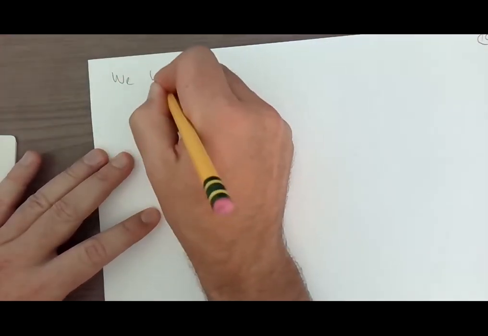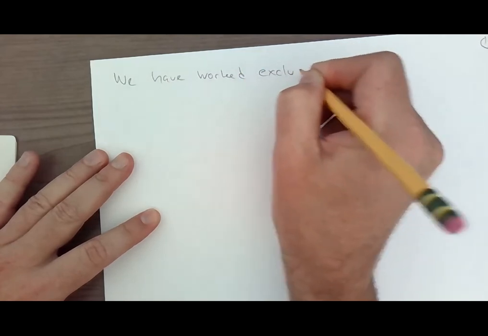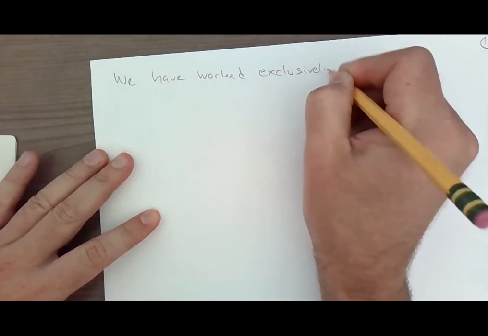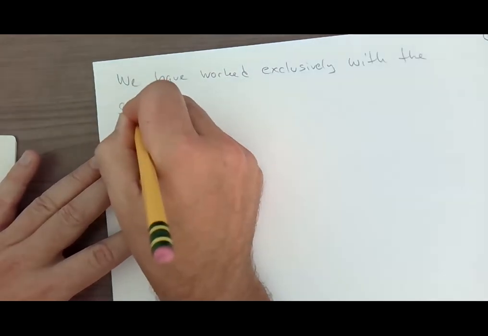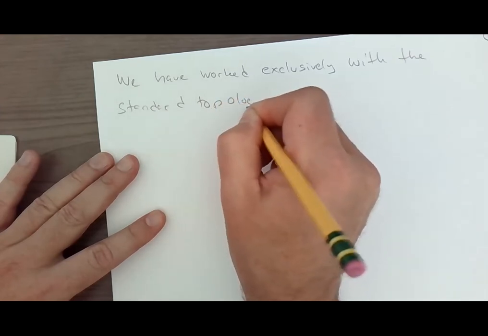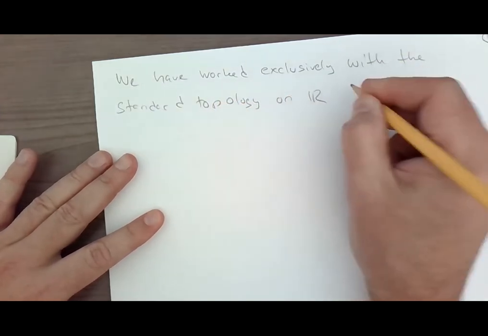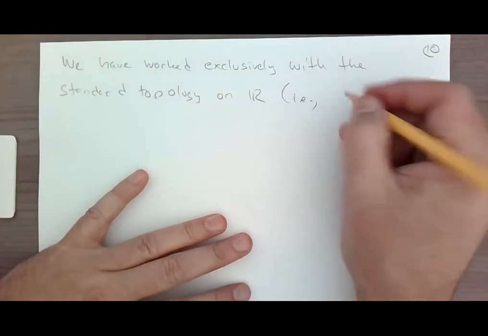We've been working exclusively with the standard topology on R. So what does it mean?